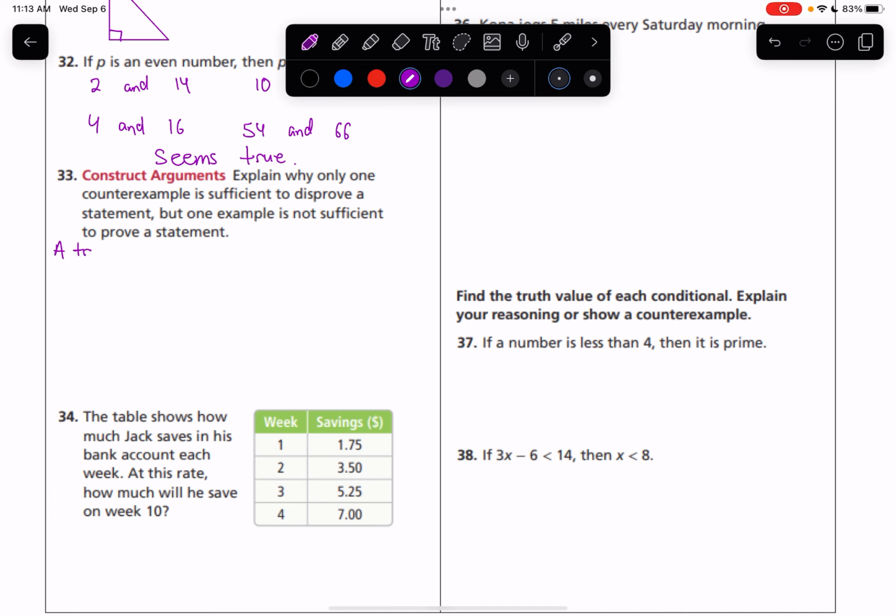A true statement must always be true. So one counterexample will show that it's false.